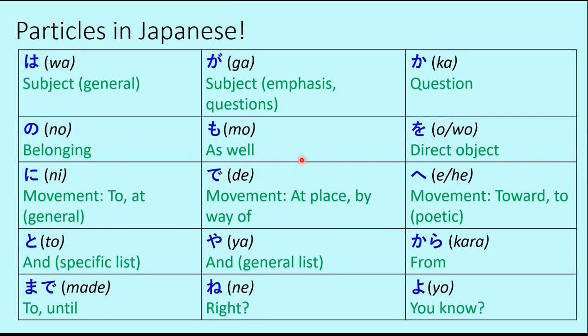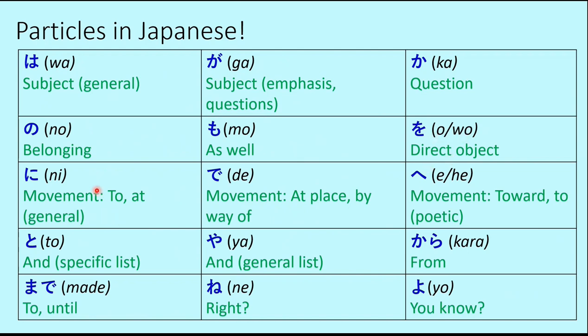These are the 15 particles in Japanese. We have just seen wa, and also we discussed something about no. Then we have ga for emphasis or some kind of questioning of the subject. Then we have ka for asking questions. We have mo, which means as well or even. Then we have o or wo as the direct object.